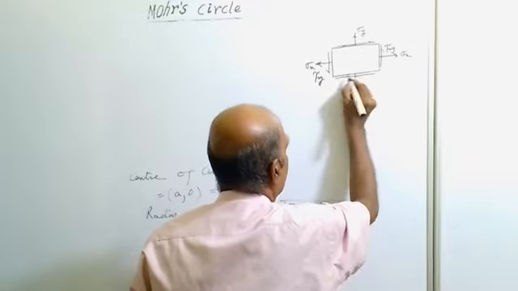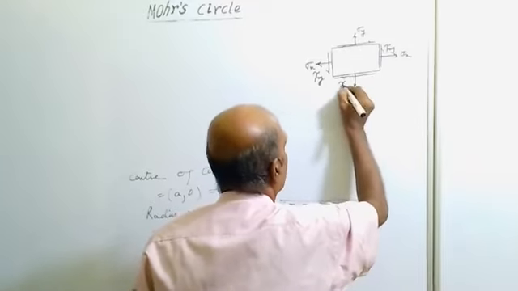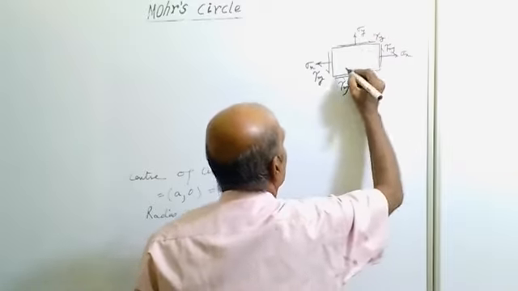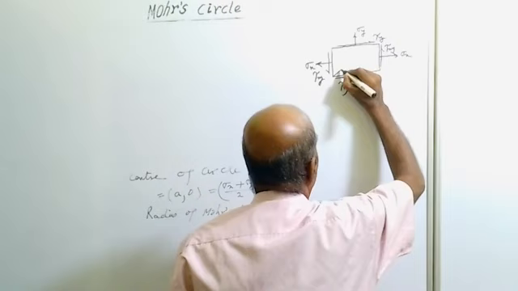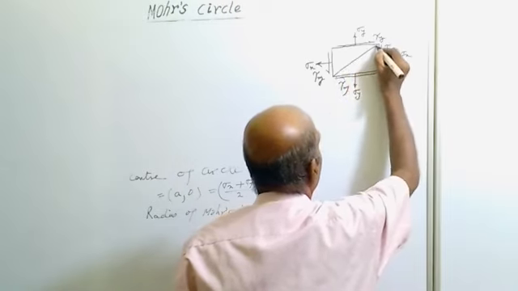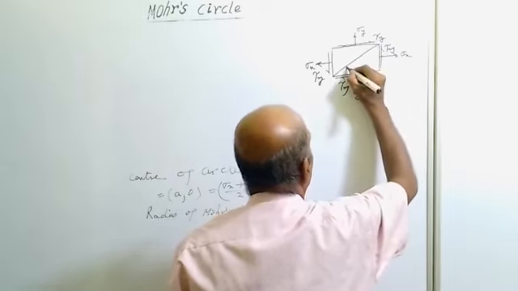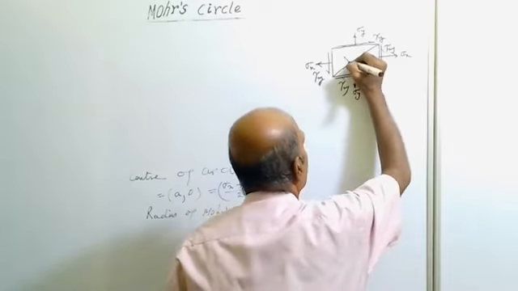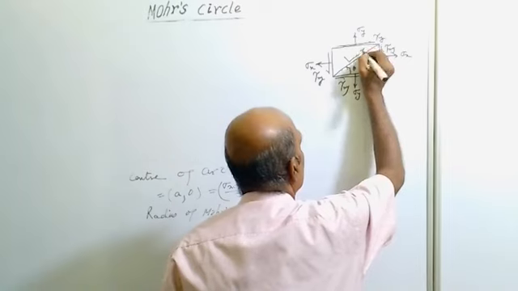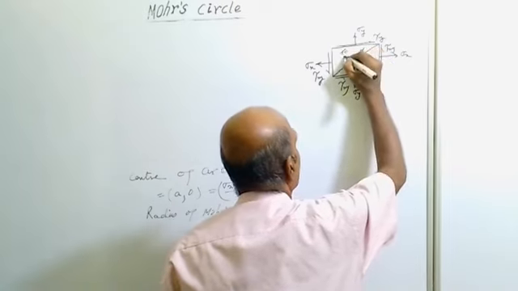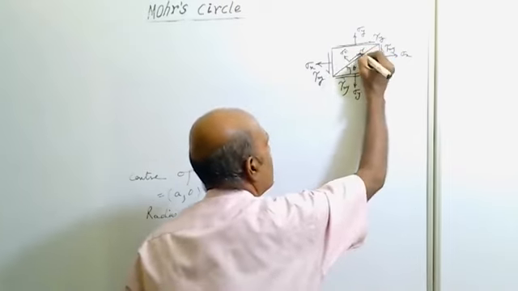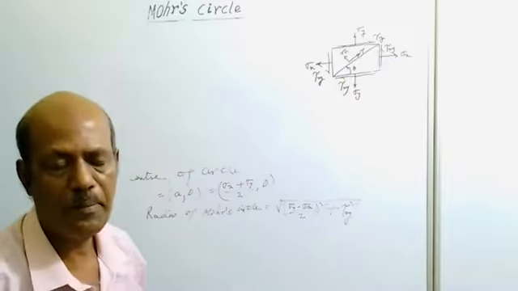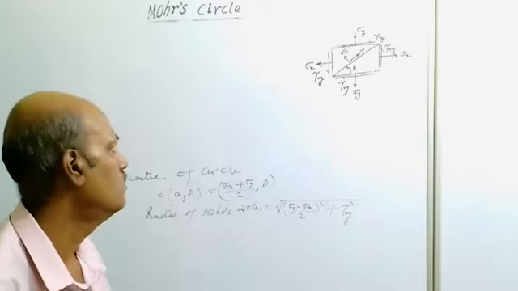The same case we have considered here. The inclined plane is located at an angle theta from the x axis in the positive direction, and we have to find sigma n and tau by using Mohr circle.